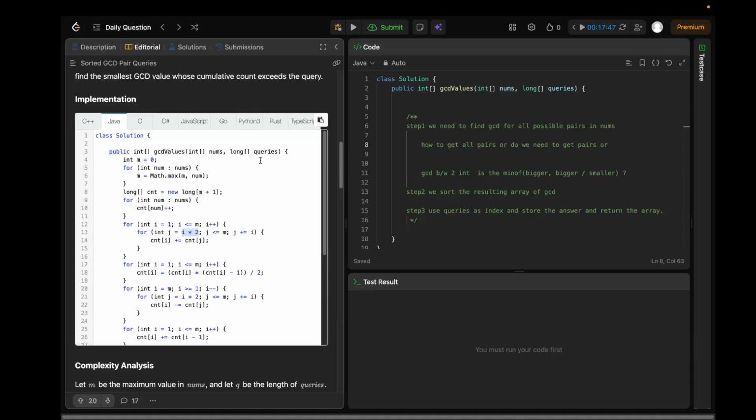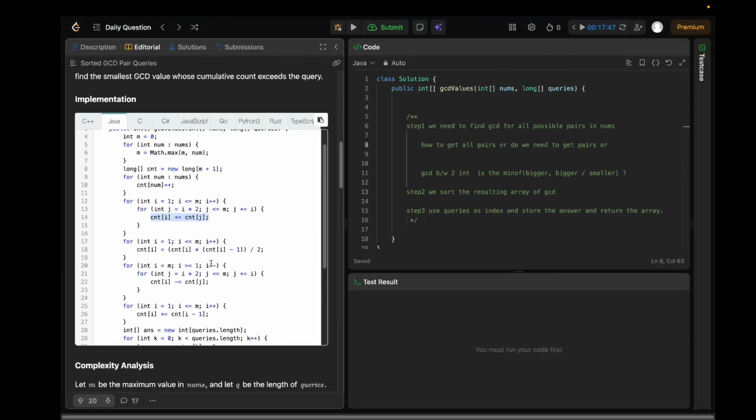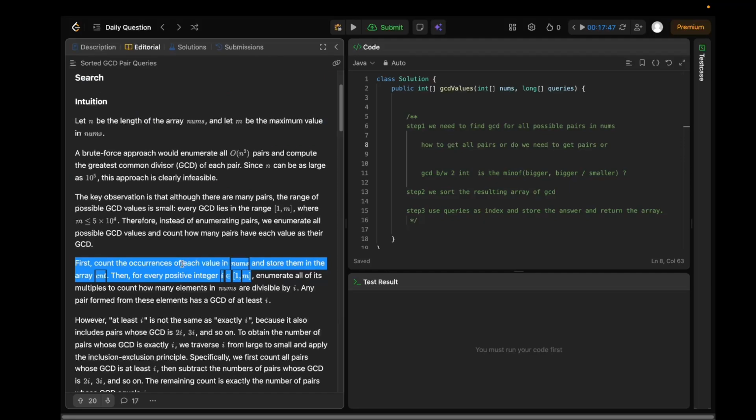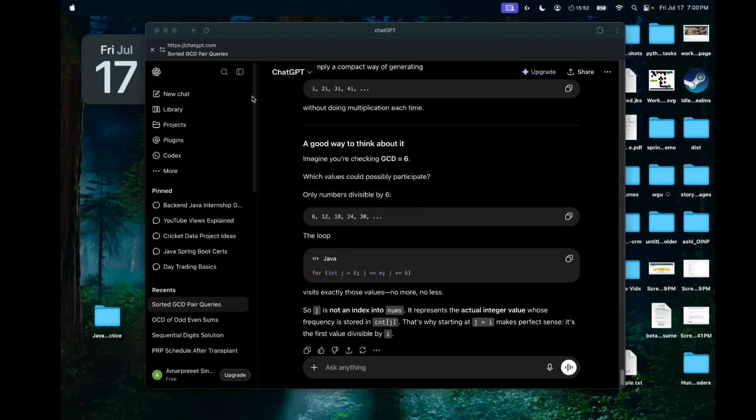I understood this part now. We loop plus equals I, every multiple of I, and we keep adding. And count I also includes powers. Okay, that much I got.